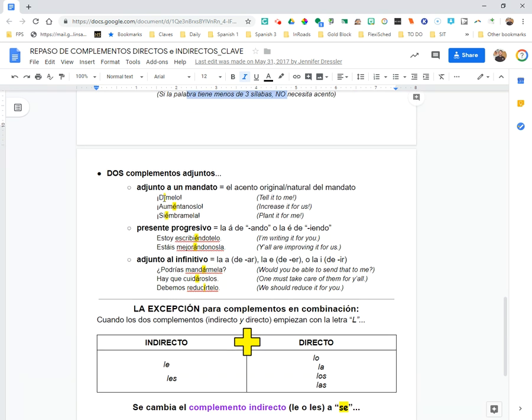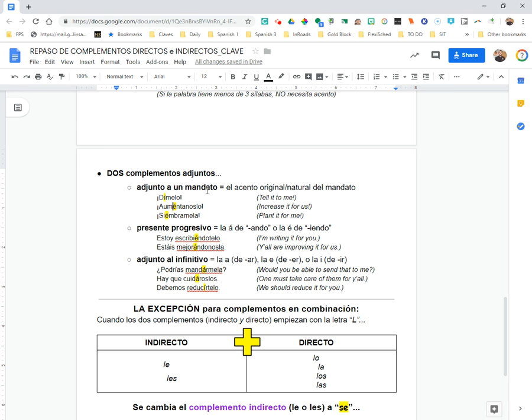But if you have 2, it's going to be 1 more syllable. Now, dímelo is a bad example because that is a 1 syllable word, but check this one out. Aumenta nos lo. We've got lo is 1, nos is 1, ta is 1, and then you have men, and that's where the accent's going to be. Really, the word would be aumentan, and you just want it to sound the same anyway.